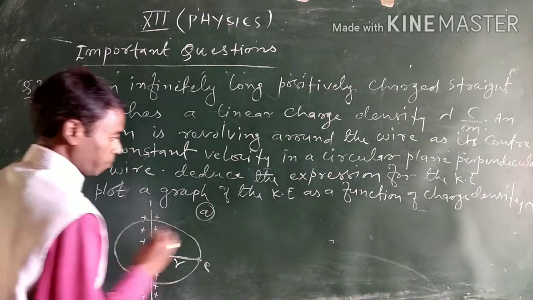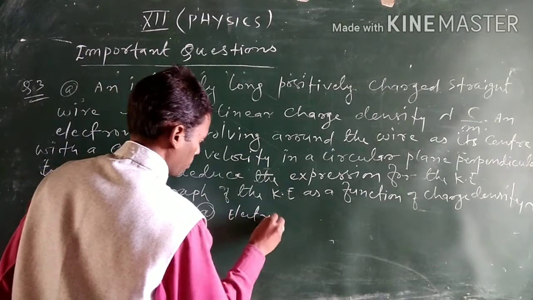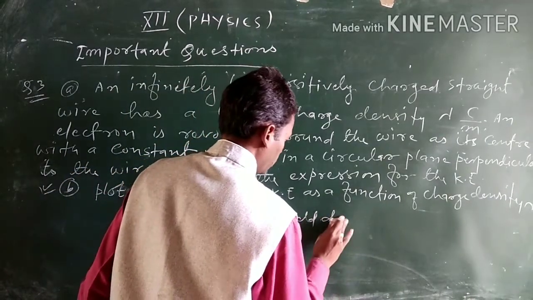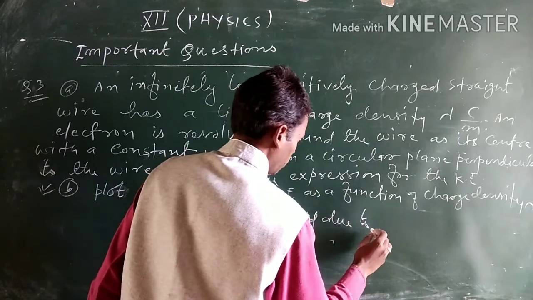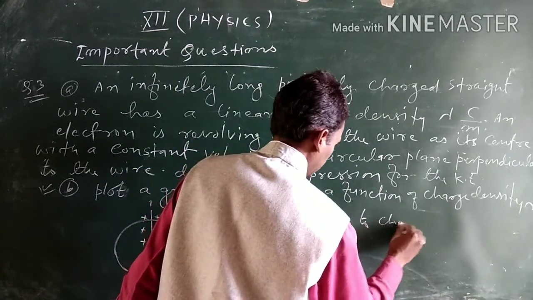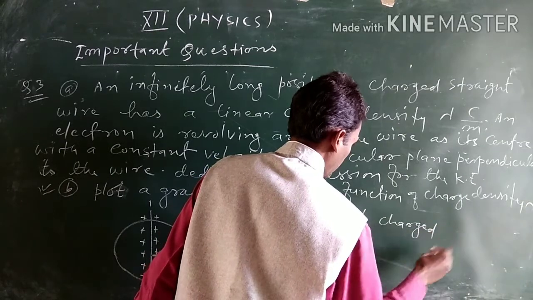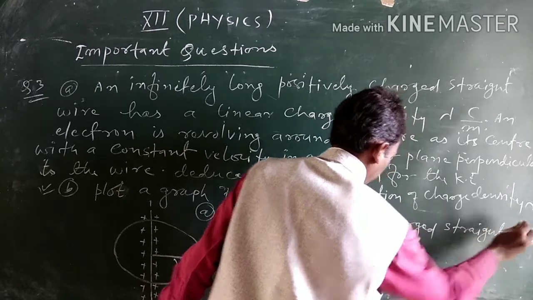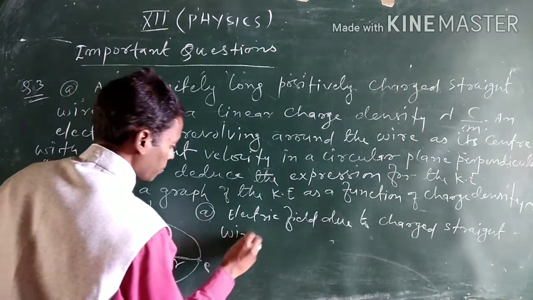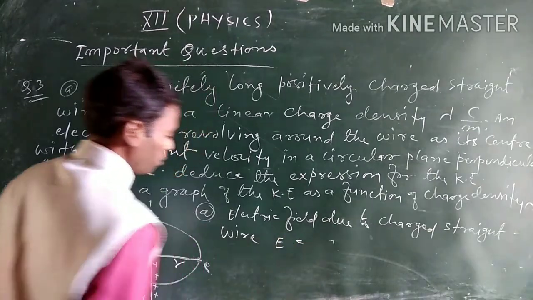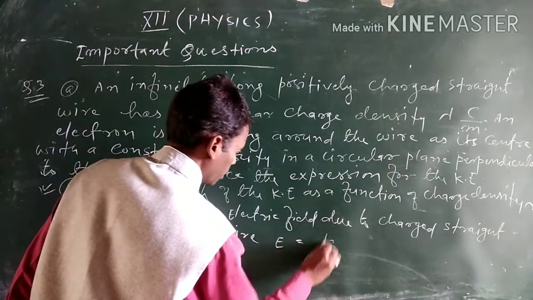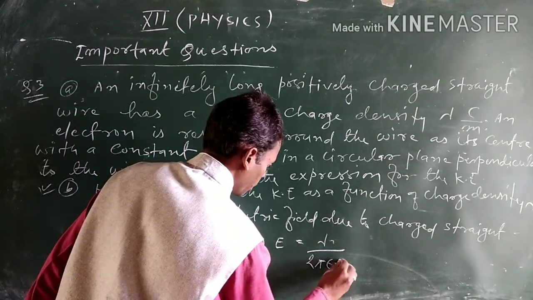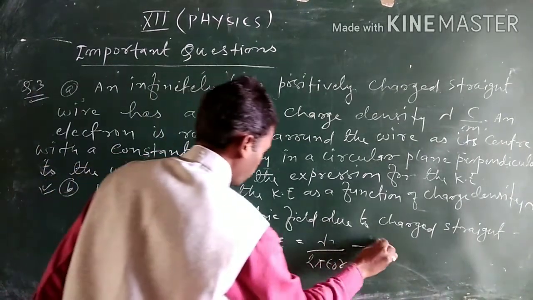First, the electric field due to the charged straight wire is equal to, as we have already found in the expression, lambda divided by 2 pi epsilon naught r. Suppose this is equation number 1.